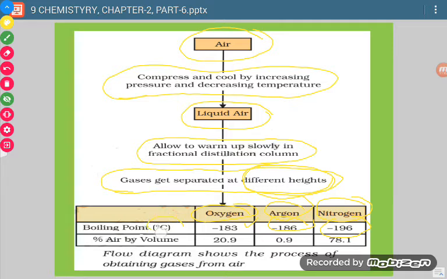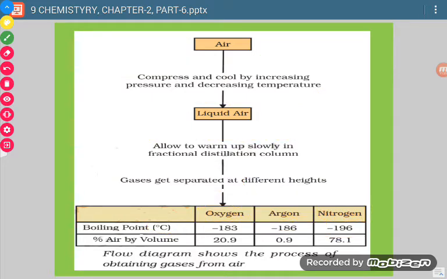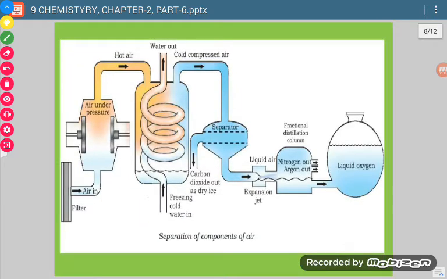The units are given over here. Now their percentage also is known to us, so we can separate all the components of air by doing this. Now let us see this diagram, how it goes.